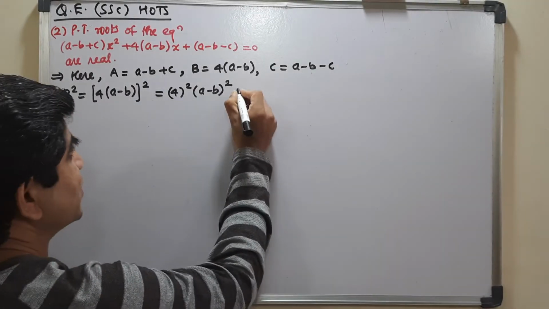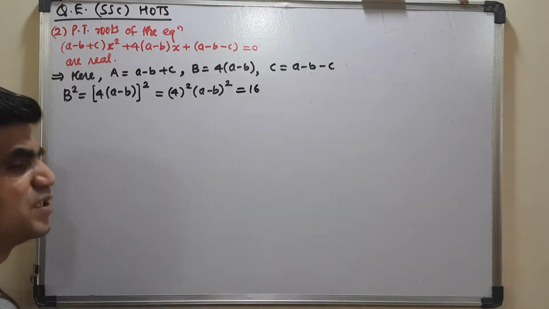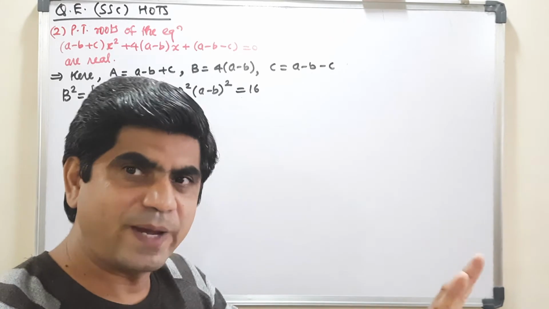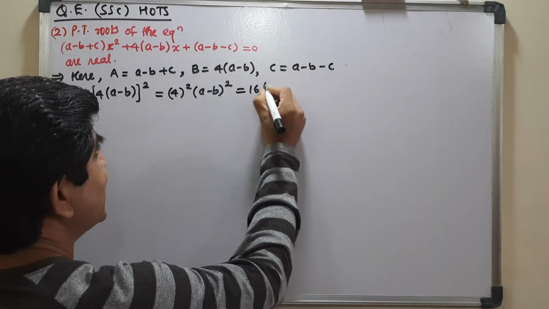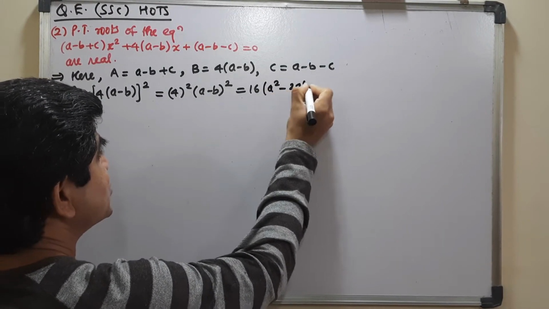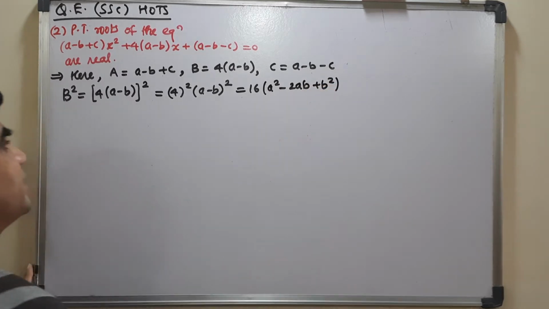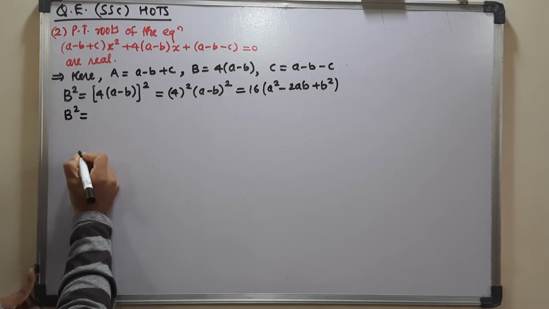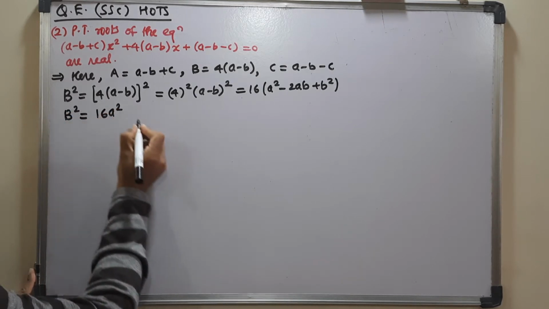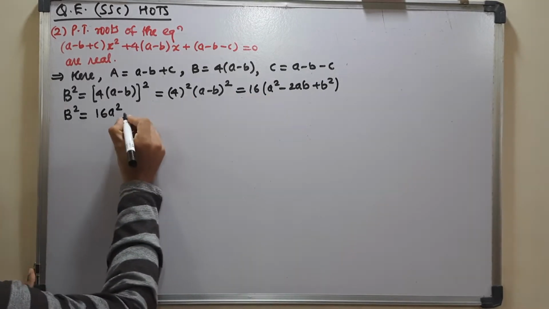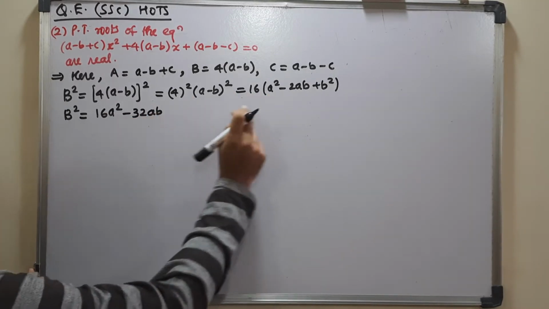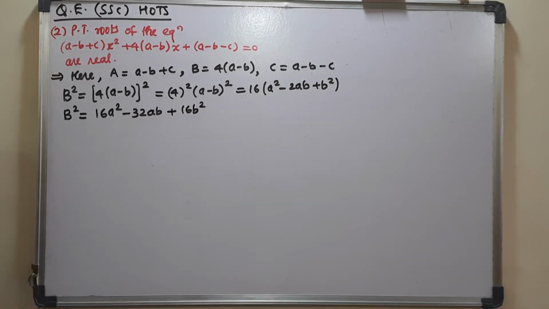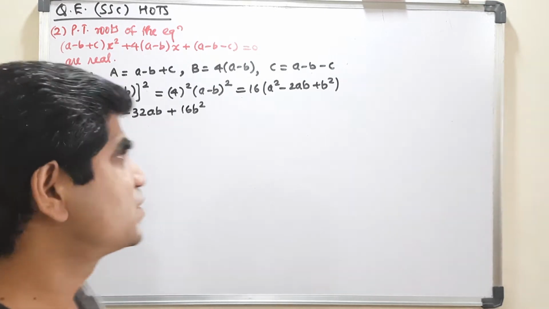So this is your 16, A minus B the whole square is going to become a formula straight away, that is expansion, which you know very nicely, is a square minus 2ab plus b square. That is, finally your b square turns out to be 16a square, 16 into 2 is 32ab plus 16 into b square is 16b square. This is value of b square.